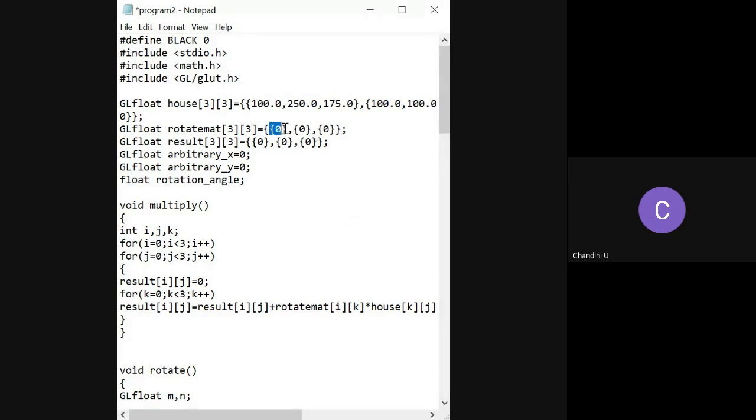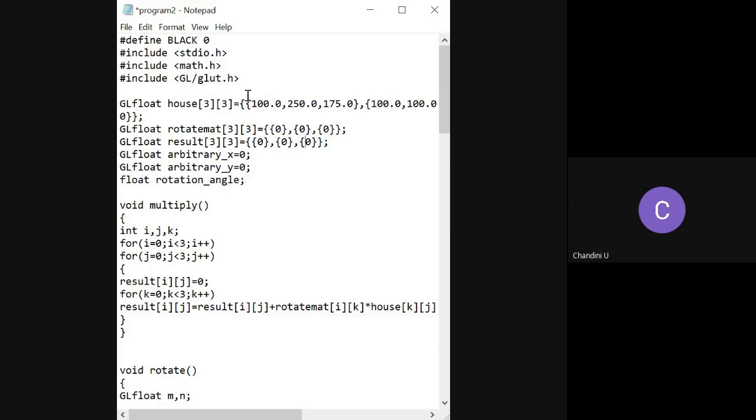The first row is 0, the second row is 0, and the third row is also 3 zeros. Now let us have another matrix, result, which will store the product of our original object and the rotation matrix. Let us initialize that matrix to 0 as well: the first row, second row, and third row are all zeros.